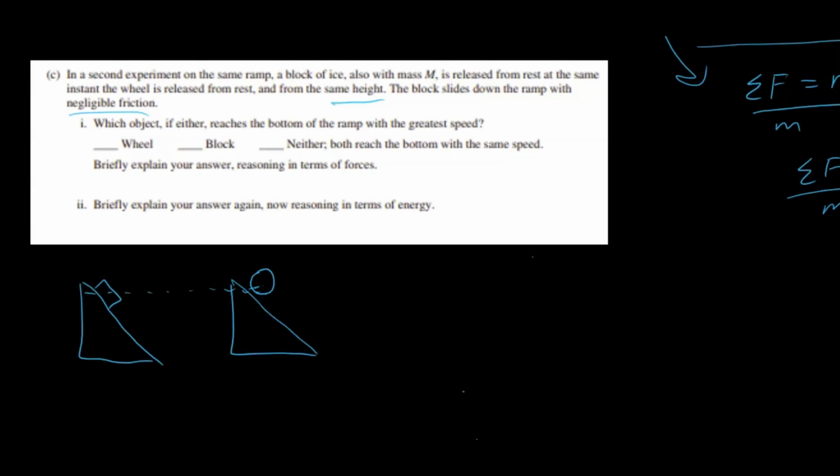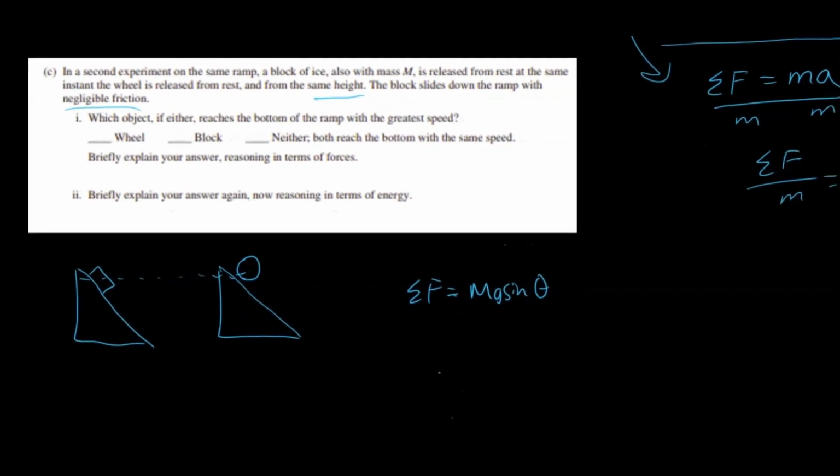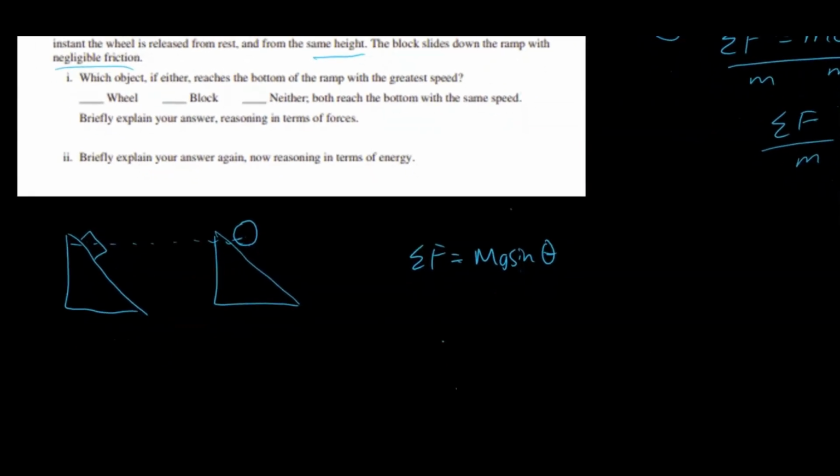Our block does not have a component in the sum of all the forces to oppose it. So if our original sum of all the forces was, let's say the gravity was mg sine theta, right? Then mg sine theta minus whatever we have here, which is nothing, because we don't have the force of friction.